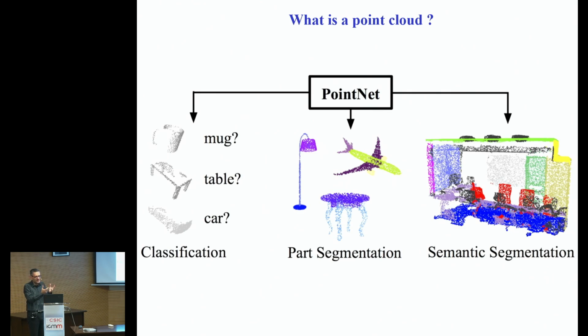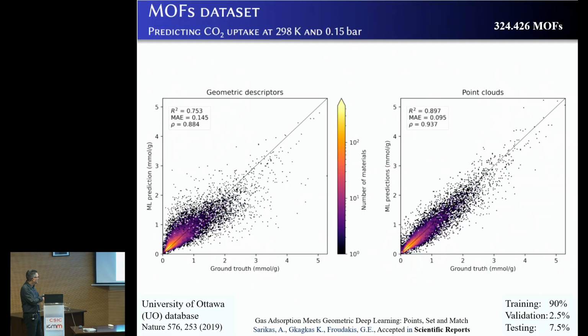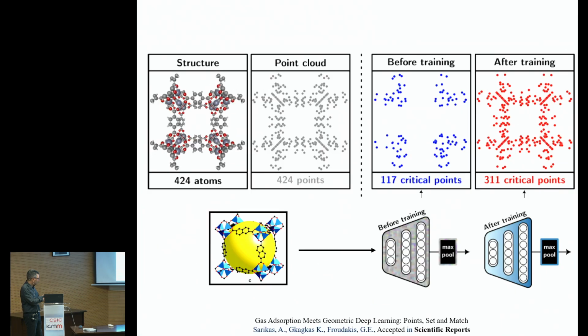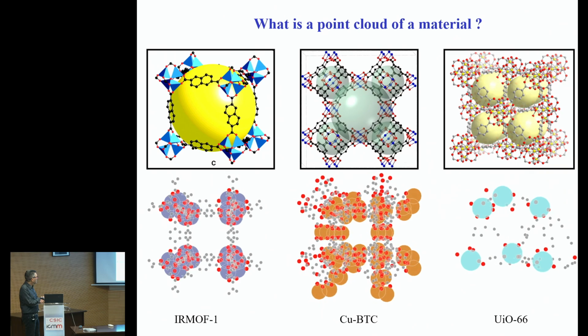It's again a three-dimensional object, but it has points where the material exists, and you can see here a mug, a table, a car, and of course each point you can also color by some properties, etc. How does a point cloud of a material look?